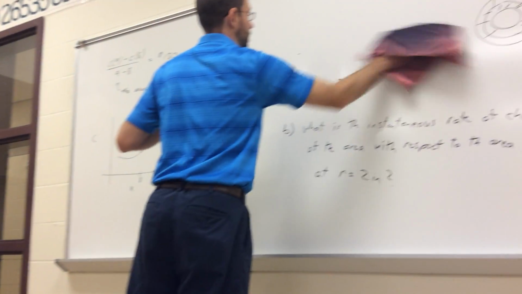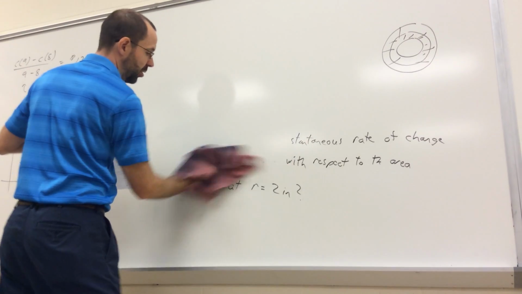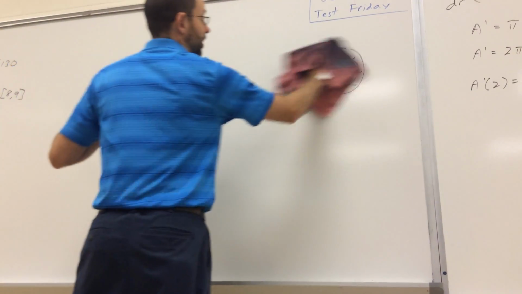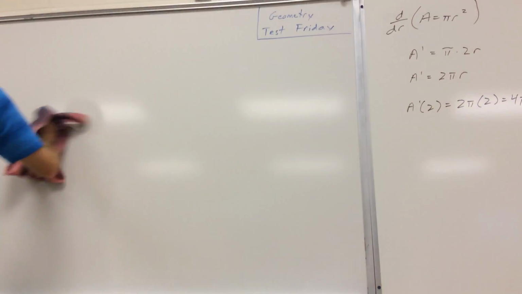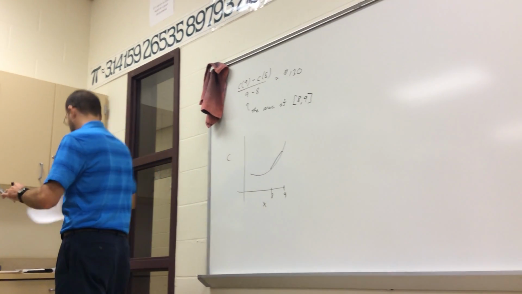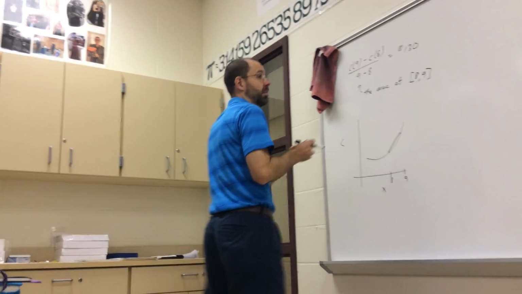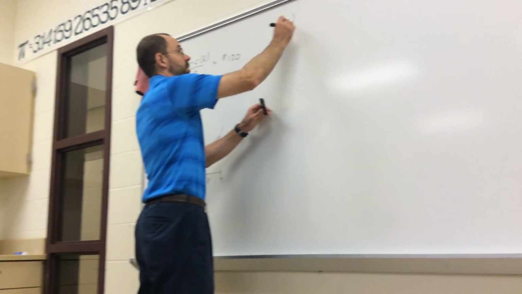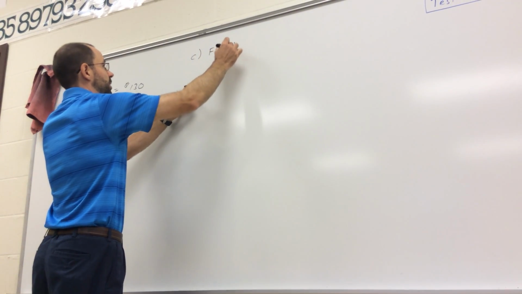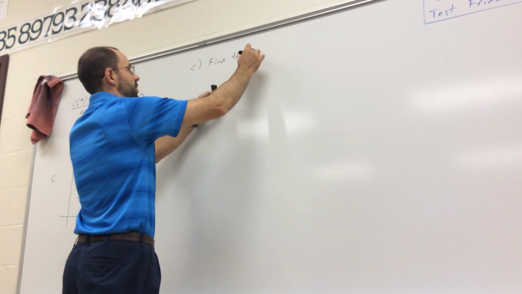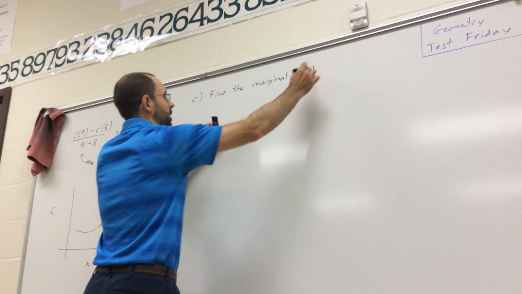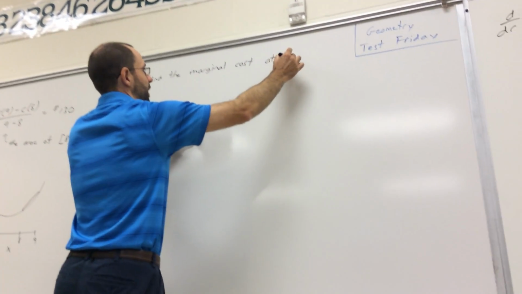Okay, but the derivative is so easy and so famous that sometimes we calculate the derivative. Okay, so this is part C. And what we're going to do is we're going to find the marginal cost at x equals 9.